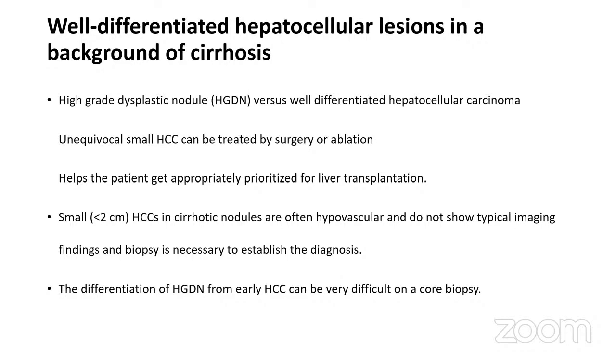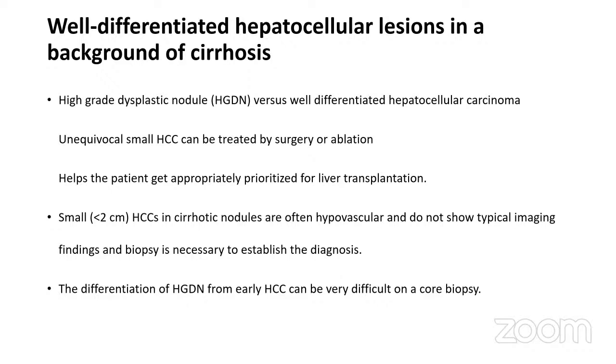It's important to differentiate the two if you can, because small HCCs can be treated by surgery or ablation, and also they will get extra MELD points, so they will help the patients get appropriately prioritized for liver transplantation. The small HCCs in cirrhotic nodules are often hypovascular and do not show the typical imaging findings, and those are the ones which get biopsied.